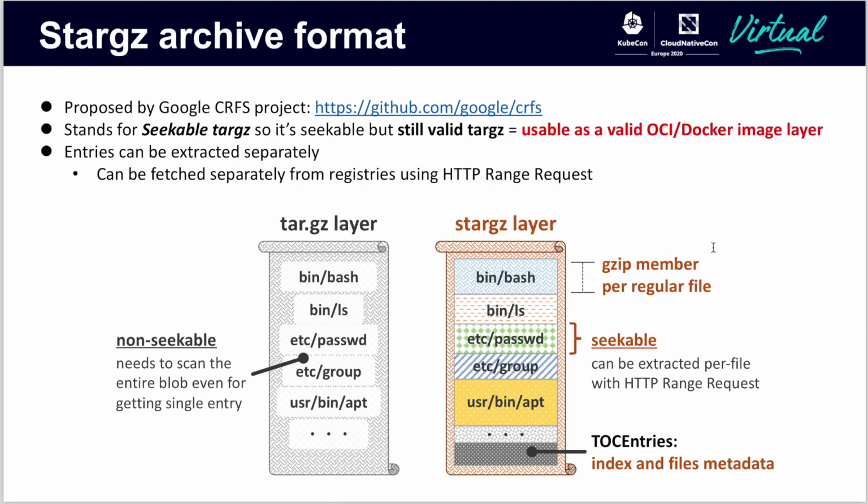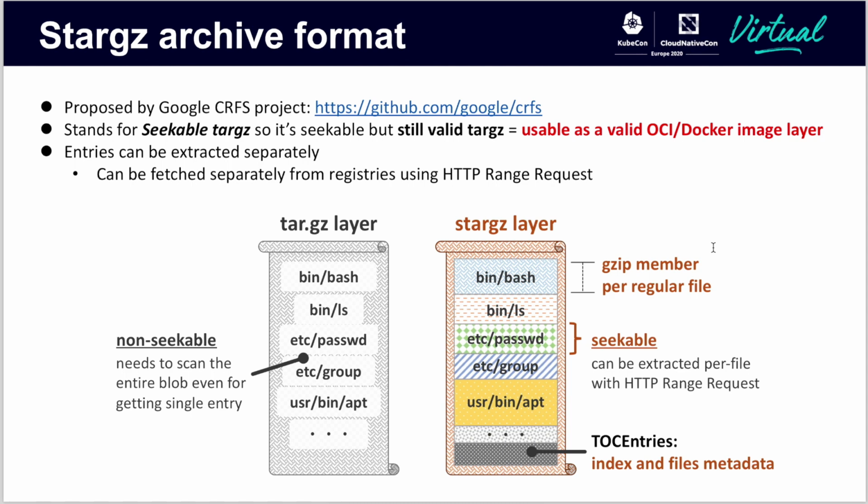So what is Stargz? Stargz is an archive or compression format. It's proposed by the Google CRFS project. Stargz stands for seekable tar.gz, so it's seekable but still a valid tar.gz. So it's usable as a valid OCI Docker image layer.